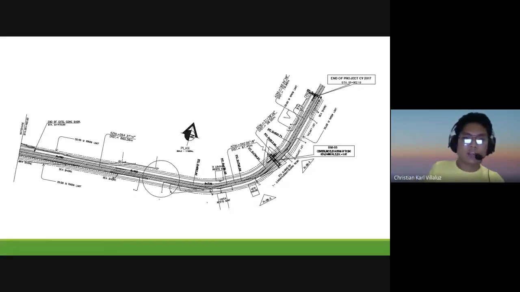In your major subjects, you will encounter a more in-depth discussion of the topic of designing a roadway.